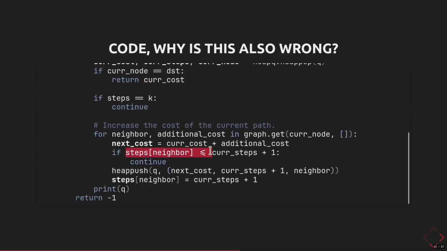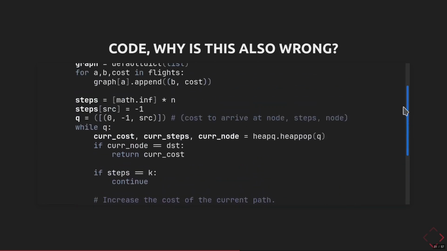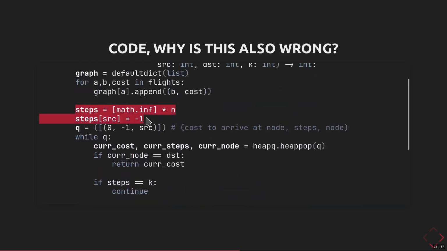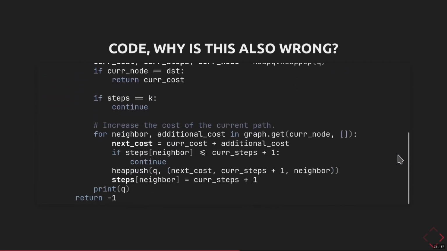And here, I have something a little bit different, okay? The amount of steps that I've taken to arrive at a current node is now what I'm going to use as my table that I'm going to use for pruning. So if I've seen this neighbor in a lesser or equal amount of steps, then I'm going to not consider this neighbor anymore, okay?